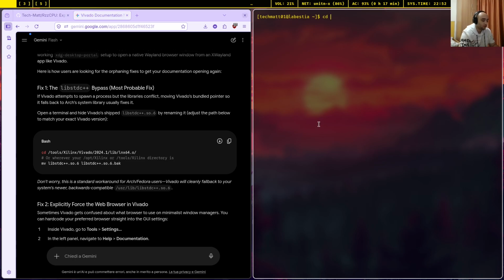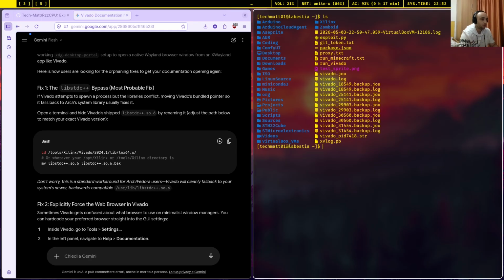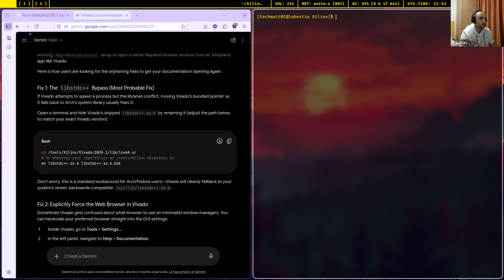So, if I go to slash tools. Okay, wait a second. What is tools? I have no idea where my... Okay, it's here. Settings. Yes, let's go here. Let's go to data.